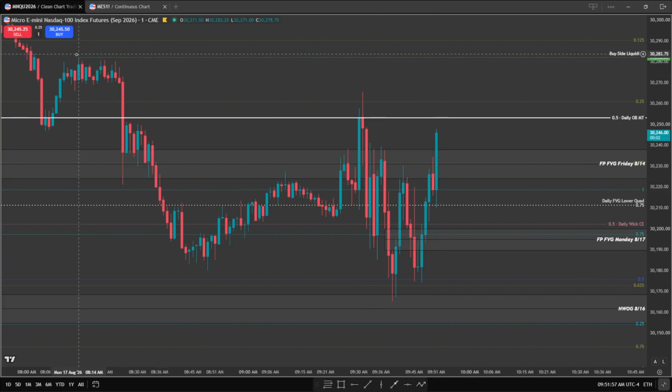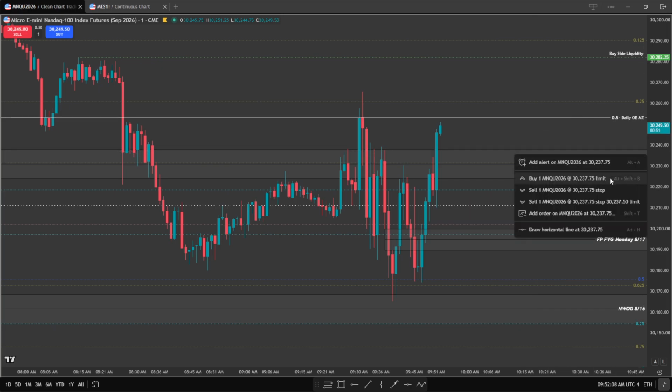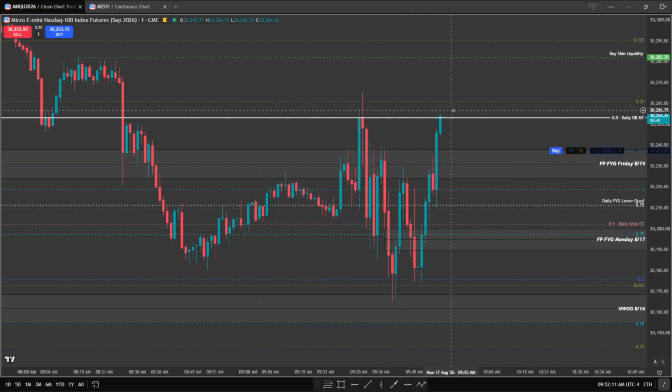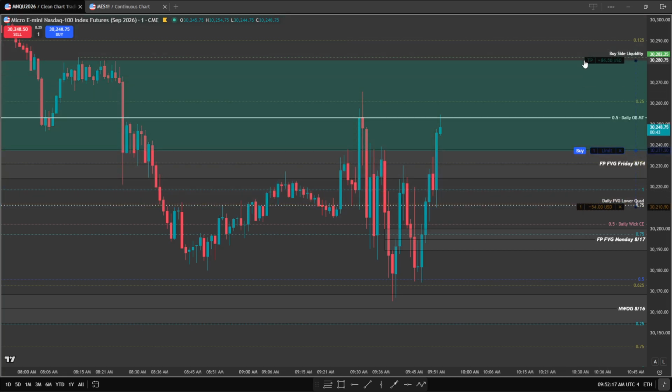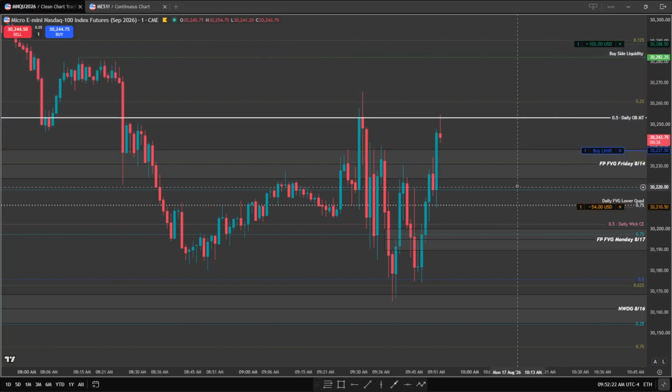I think it'll run for the buy side here for the macro. That daily order block midpoint.